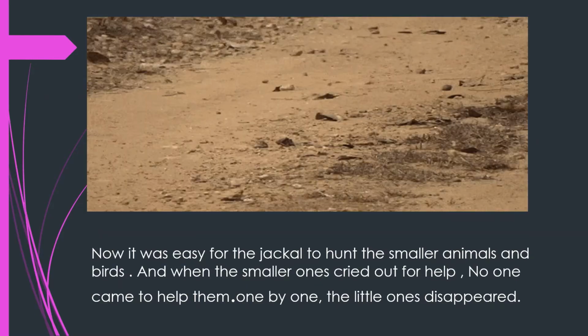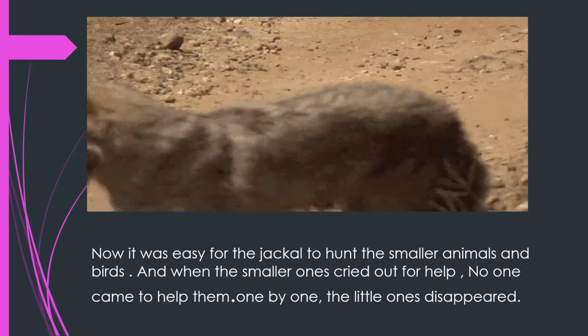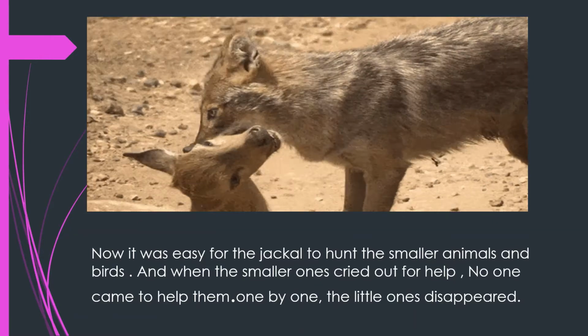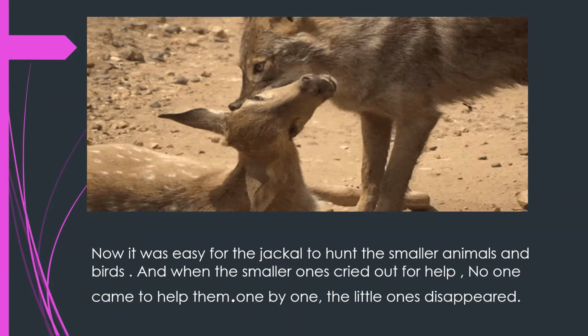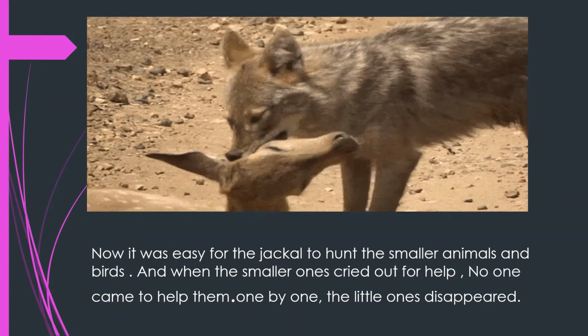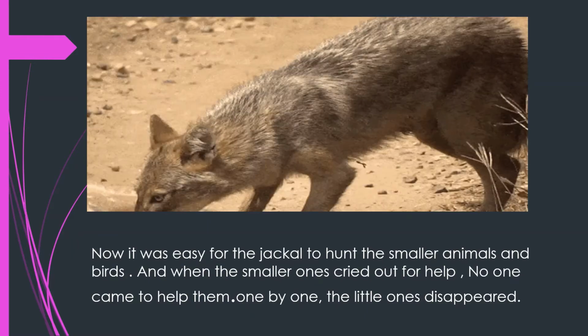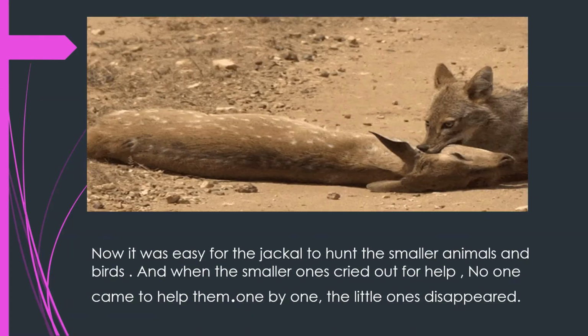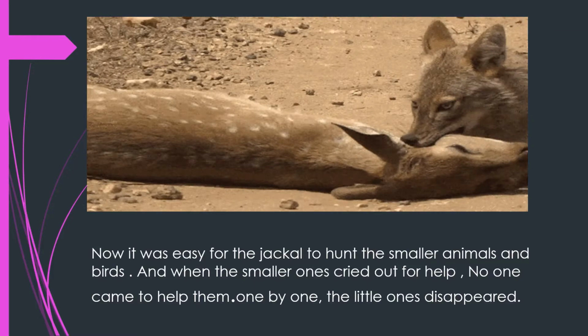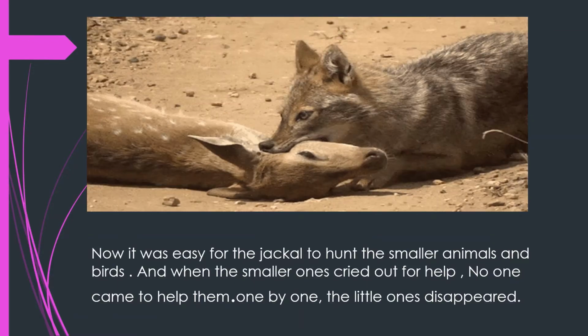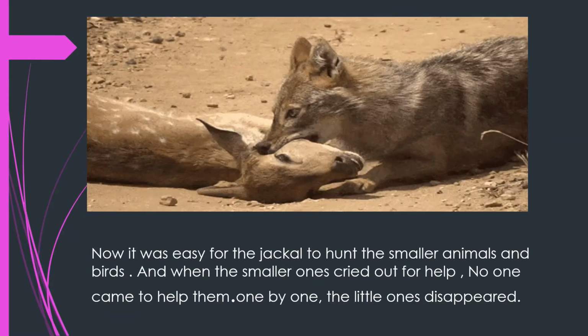Now, animals started to roam alone. It became very easy for the jackal, who was waiting for this opportunity, to kill all the small tiny animals, because when they are with the bigger ones they might be helped, but now they can't be helped because they are alone.